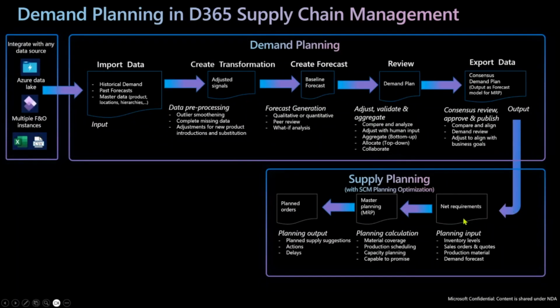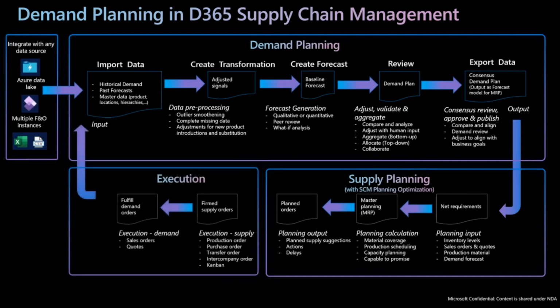That will be part of the net requirements of the item. And then you'll have master planning, creating that supply, those planned purchases, transfers, Kanban, production orders for them. And again, you execute on those, the daily operations: you firm the orders, you fulfill them, you produce, and that is, again, the daily operations.